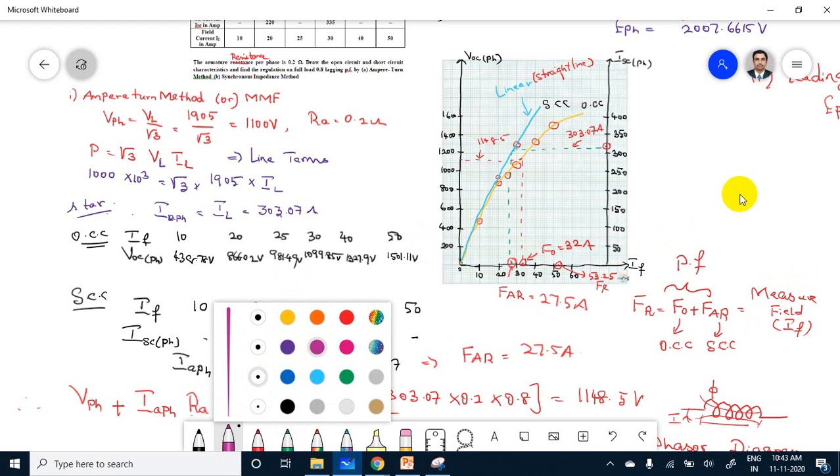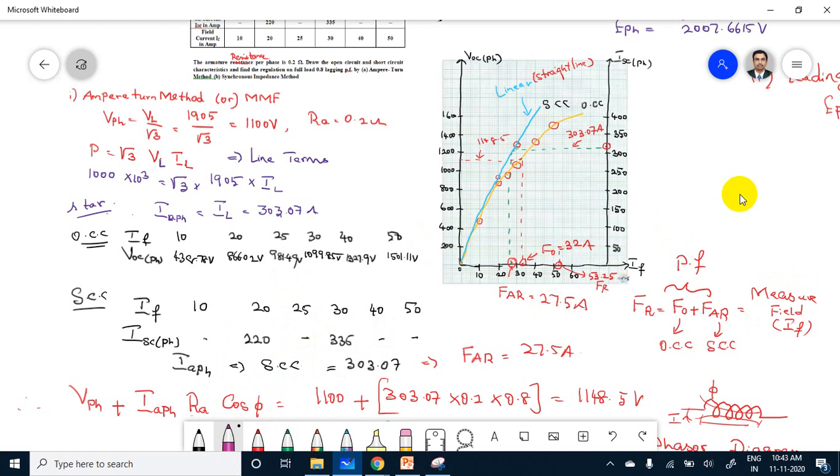Draw the line upward, which should meet, it should touch this open circuit curve. So this FR you have to plot.